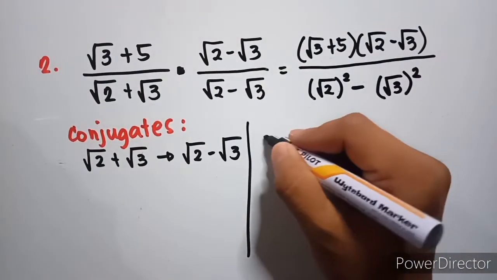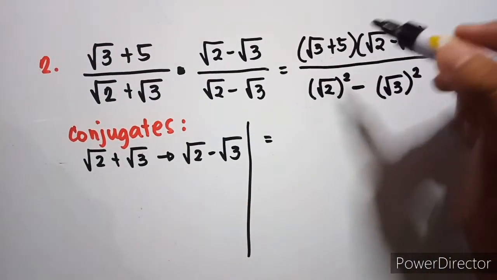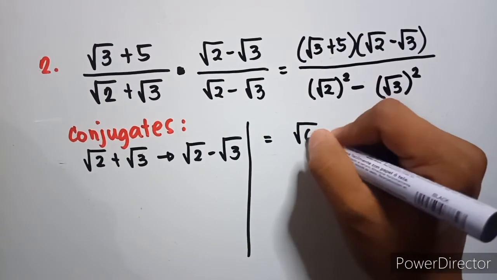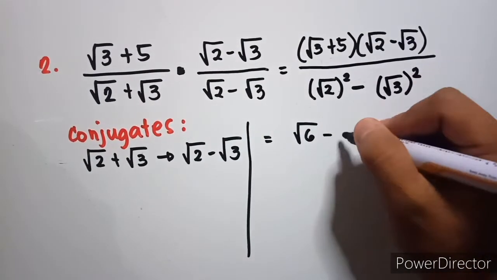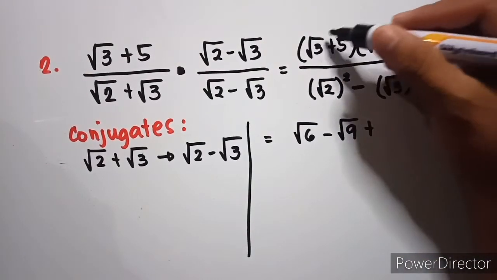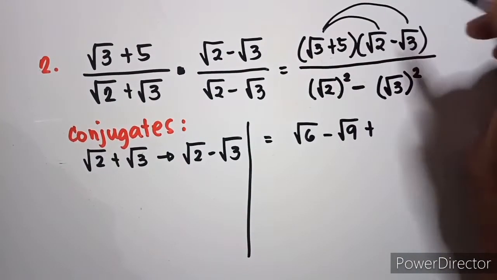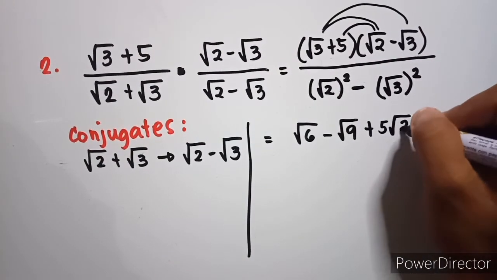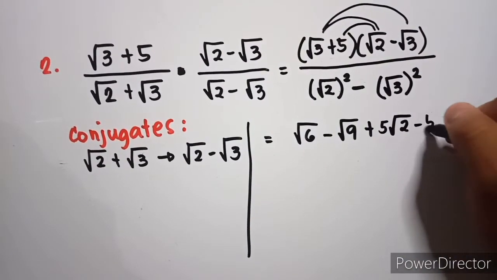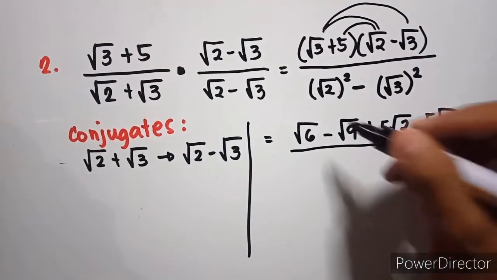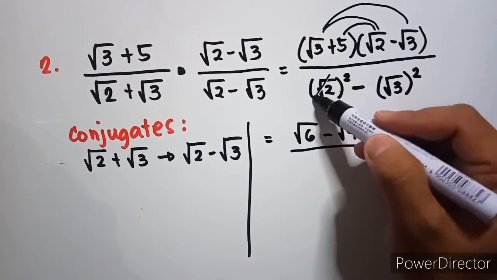Then, this is equal to, so let's do the FOIL method in our numerator. That is square root of 6 minus square root of 9 plus, so ito yon, plus 5 square root of 2 minus 5 square root of 3 over. So, square root of 2 cancel.